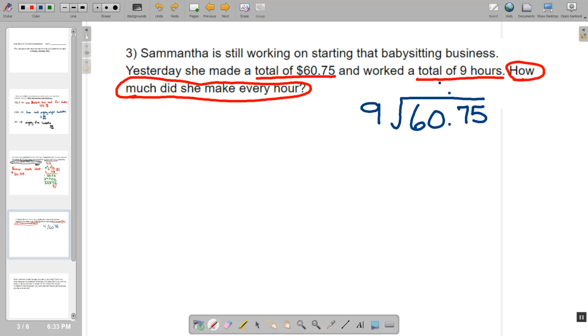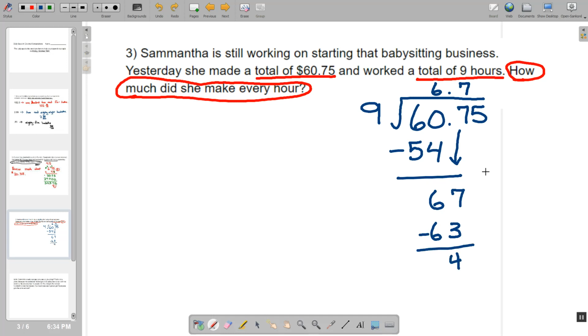So the largest number of groups should be 6. 6 groups, so this will be 54. So we subtract, we get 6 here, and we bring down our next digit, which is 7. So this will now be 7 groups, so that'll be 63. We bring down our last digit.